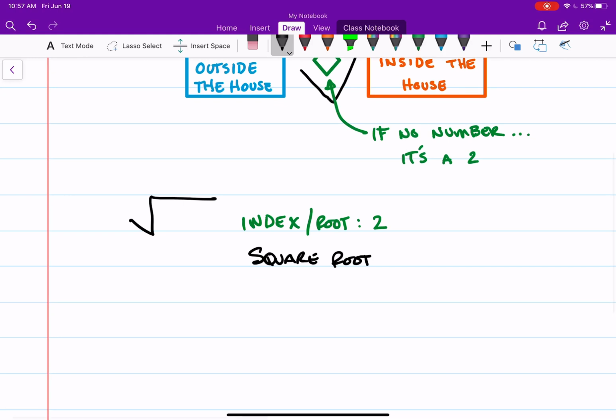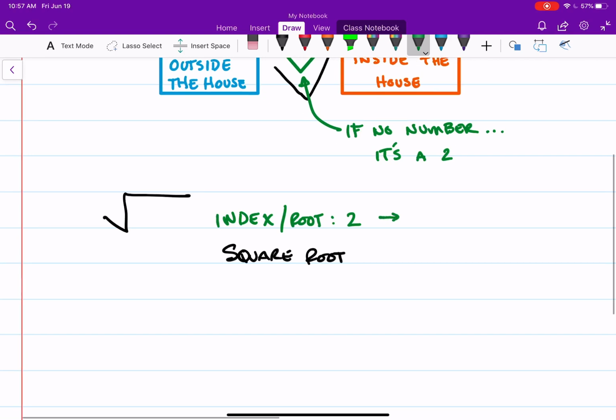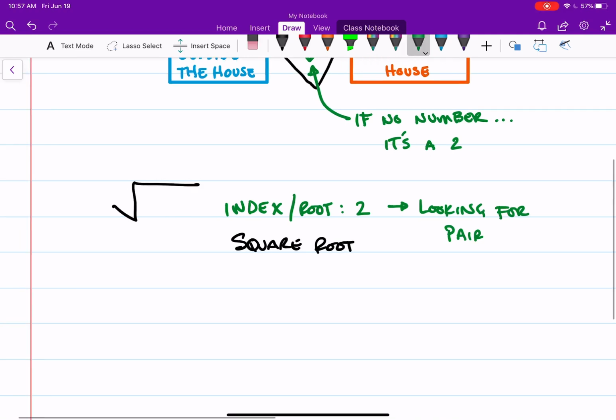So what happens when the root is a 2? What it's looking for is pairs of numbers. In fact, I should say this, pair or pairs.